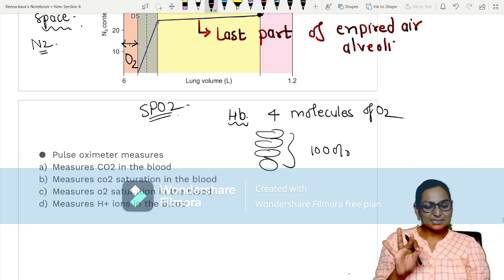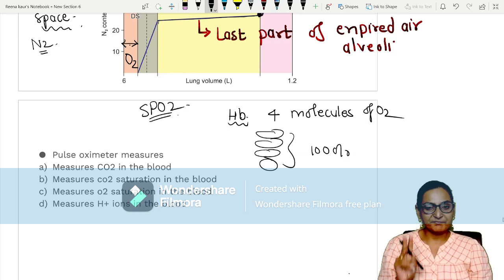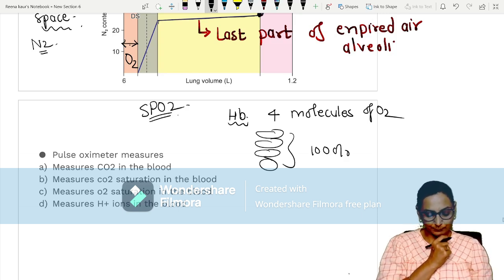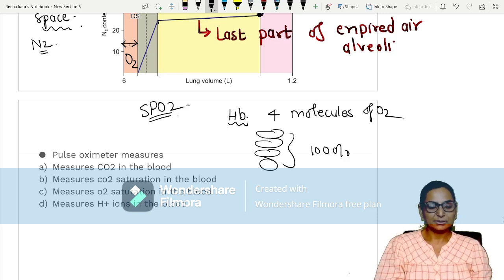If it is 3, 75%. If it is 2, 50%. If it is 1, 25%. Yes, Dr. Purvik, Anuradha, good. So that is 100% oxygen saturation, right?